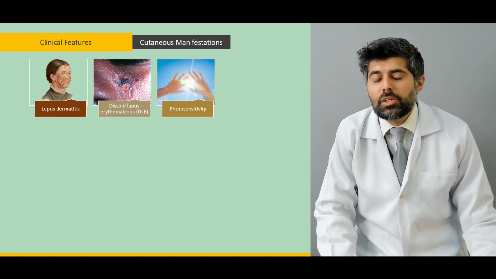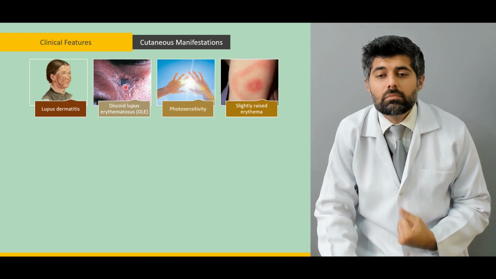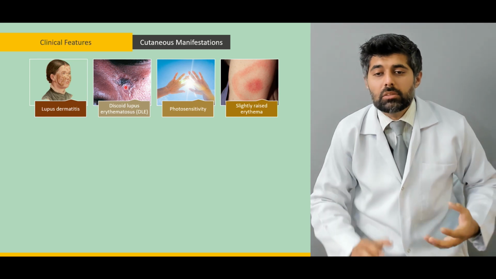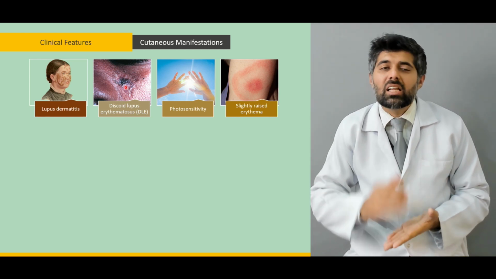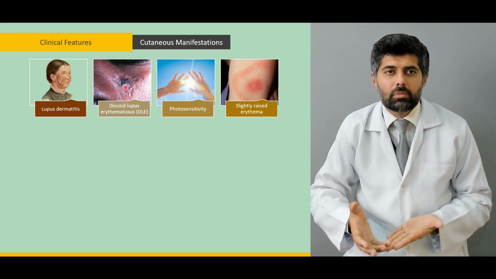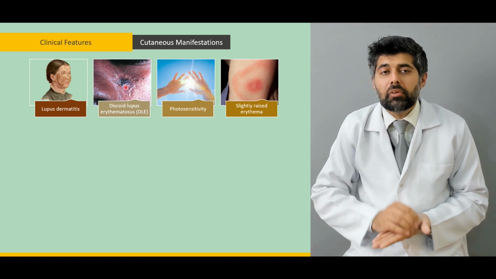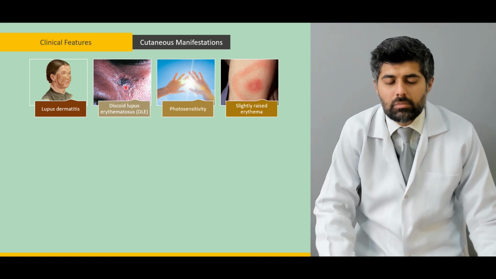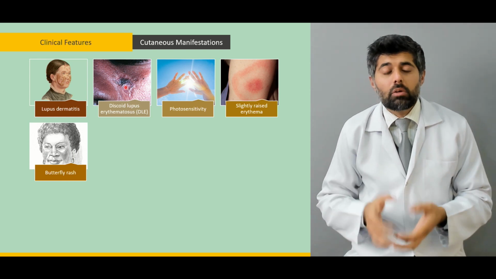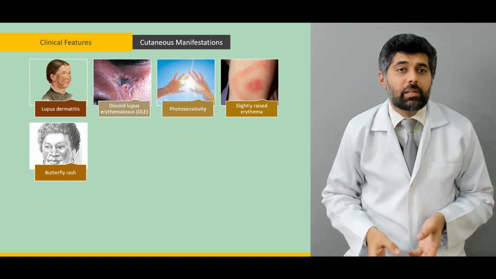Another manifestation is that patients suffer from photosensitivity. They also suffer from erythema, and this erythema has a slightly raised characteristic to it. It's not just redness of the skin, it has a central raised point. Now, butterfly rash or malar rash is pathognomonic of SLE.